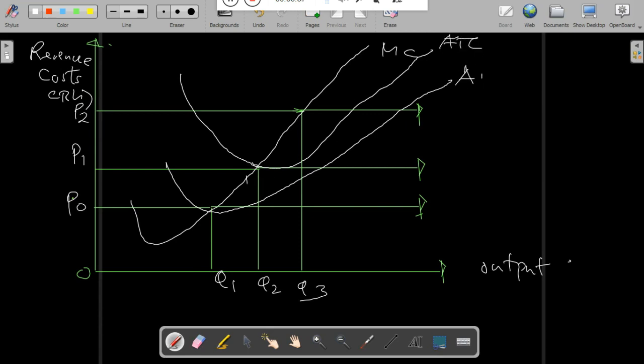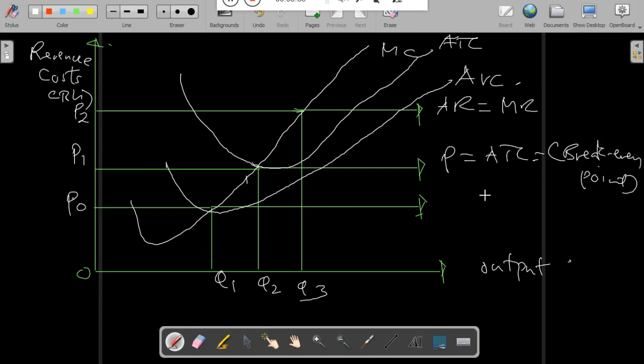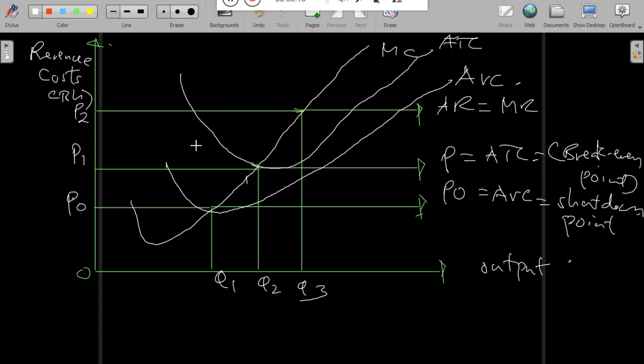So the average total cost and the average variable cost, and this is where the average revenue is equal to marginal revenue, the price is equal to average total cost, that is the break-even point, and we have also the shutdown point over there. The producer actually produces and is able to cover only the cost of production.